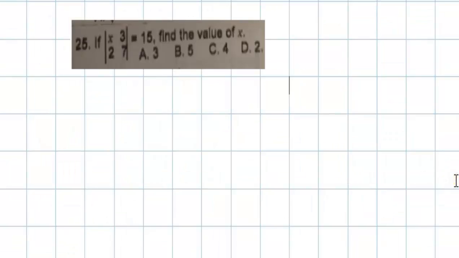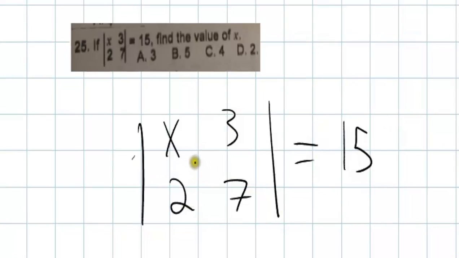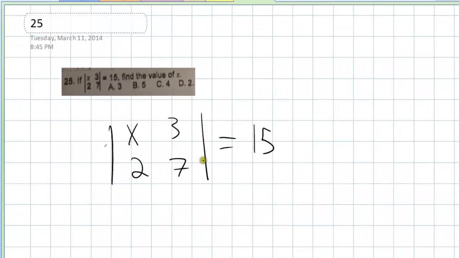So here we have question 25, and it gives us a matrix where it shows x, 2, 3, and 7. And it says that it's equal to 15. So when you have a matrix like this and you're not combining it with any other matrices, it's actually fairly simple to work with.